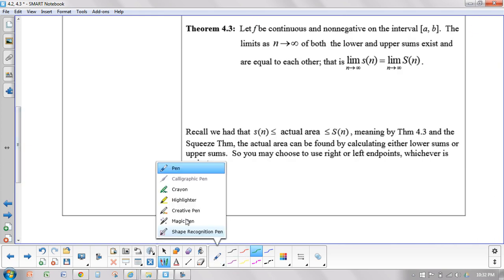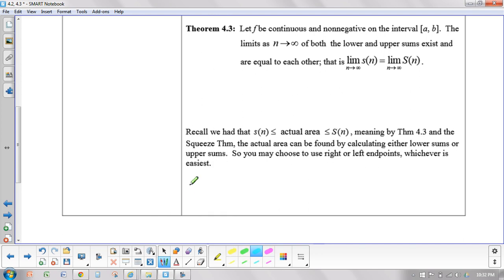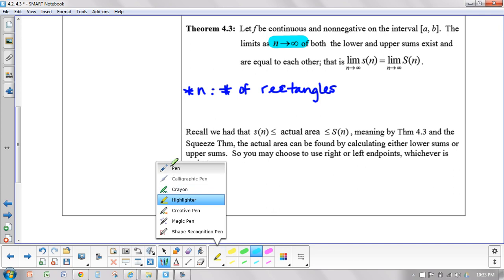Well, it should make sense to you that they could be more accurate if, so remember from the last page, n was our number of rectangles. So if you let n go to infinity, that means you take an infinite number of rectangles.